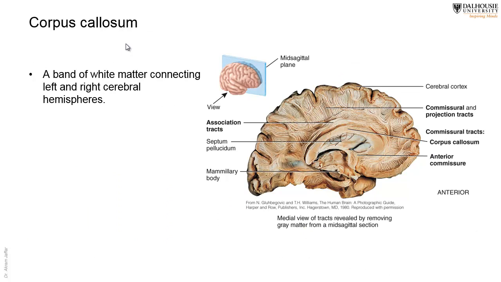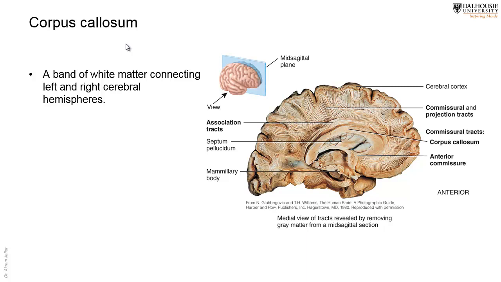And of course, when you separate these two hemispheres, they are not separable immediately because there are some white fibers connecting the two cerebral hemispheres. These are called commissural fibers. They connect one cerebral hemisphere to the other cerebral hemisphere, and they cross the midline. So these are called commissural fibers. The biggest bundle of these commissural fibers is called the corpus callosum.